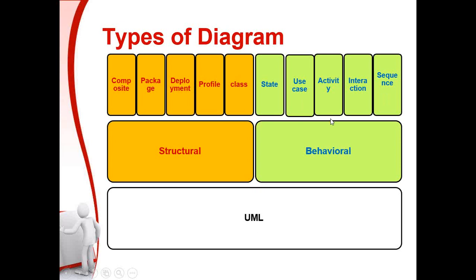State diagram. If I ask you to give me the different states if a customer is trying to perform the withdrawal activity from the ATM, what would be the state diagram? The state is a physical state.